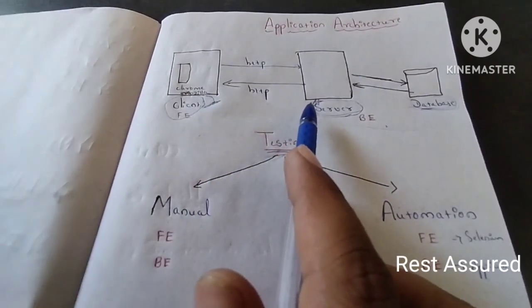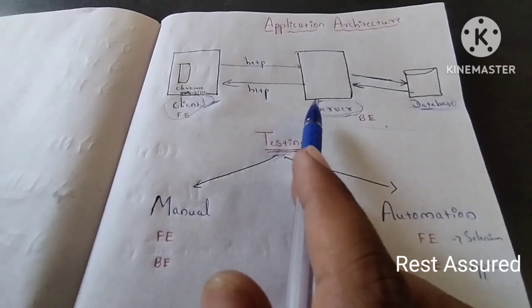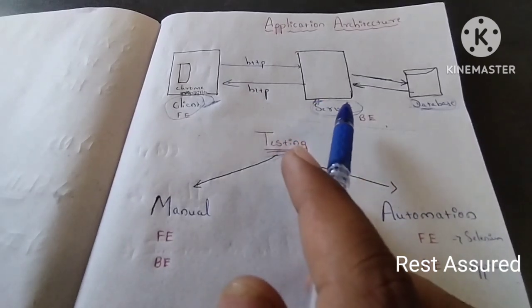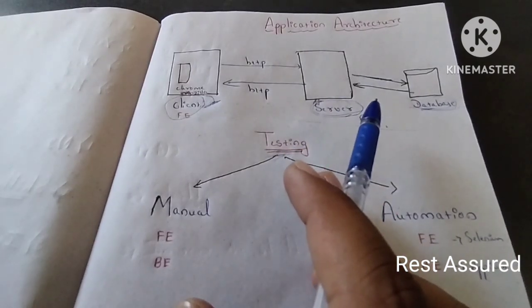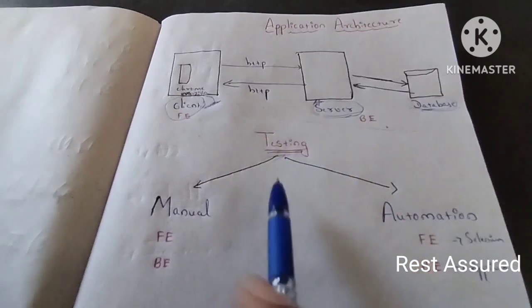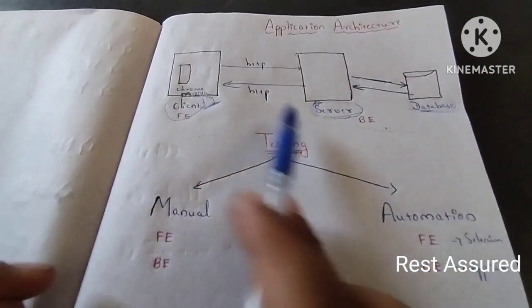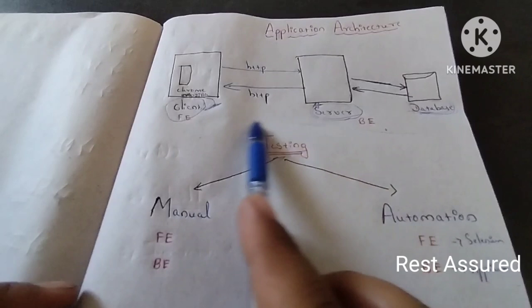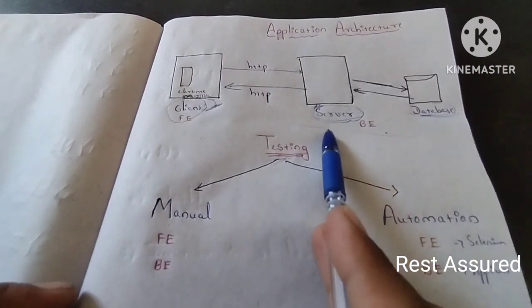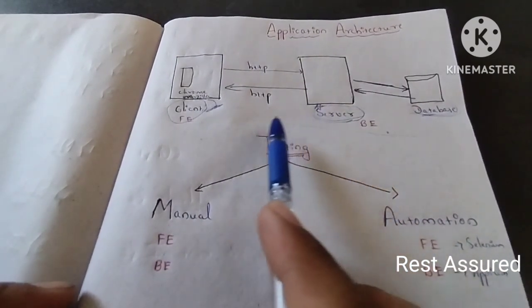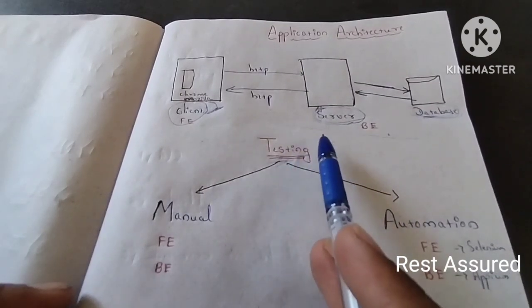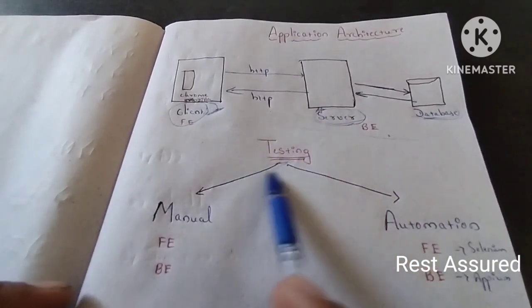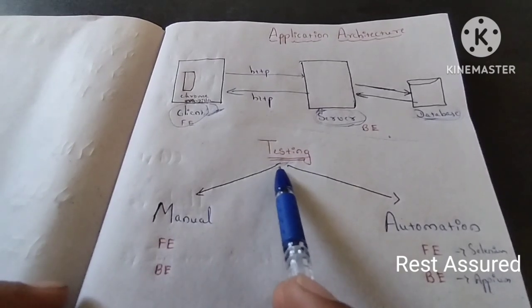If Facebook wants to build an application, they need something, right? Our application should work like this, it should have this. So they would have given some specification. Testing means verifying the product or an application against the requirement, whether it has fulfilled the requirement or not. That is testing. I think you got it.